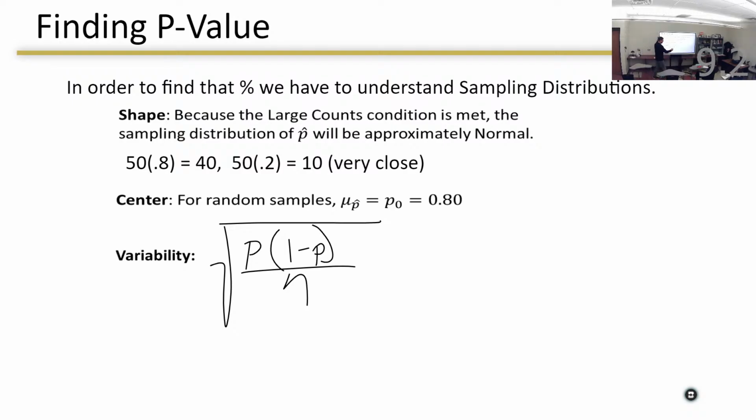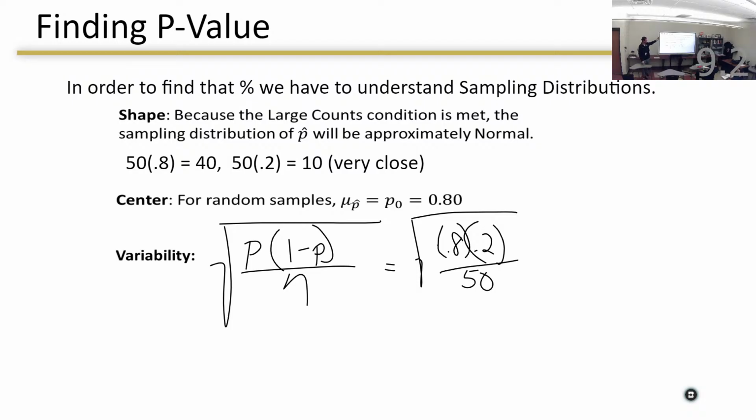So we'll say 0.8 times 0.2 divided by those 50 shots, take the square root of that, and we'll get some number. Now we know the shape, the center, and the spread of the sampling distribution of p hat.